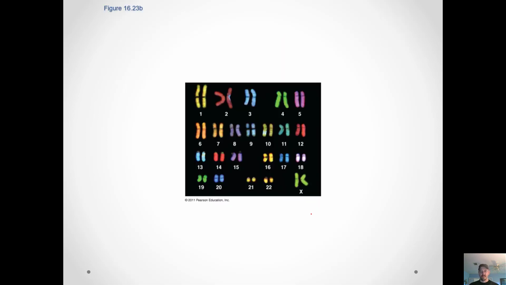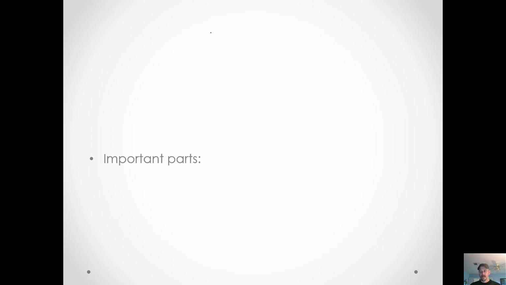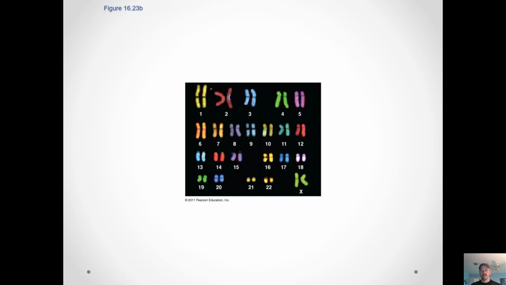In your cells, as we've said already, this is, by the way, known as a karyotype. That's an image of all of your chromosomes at once here. So here's an individual that's female. There's 2 X chromosomes down here.